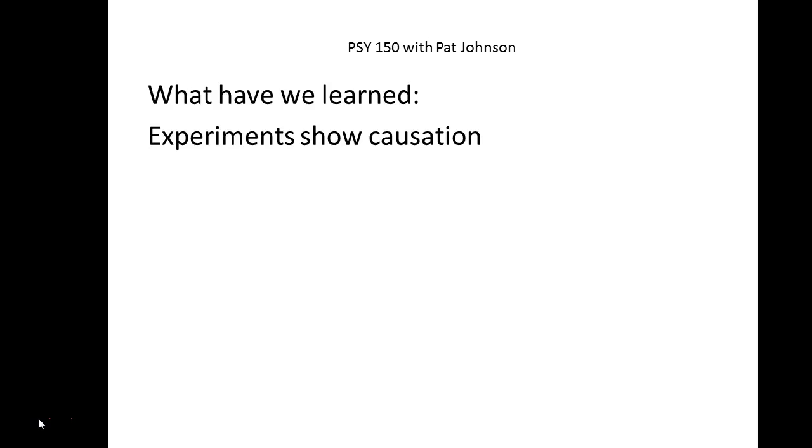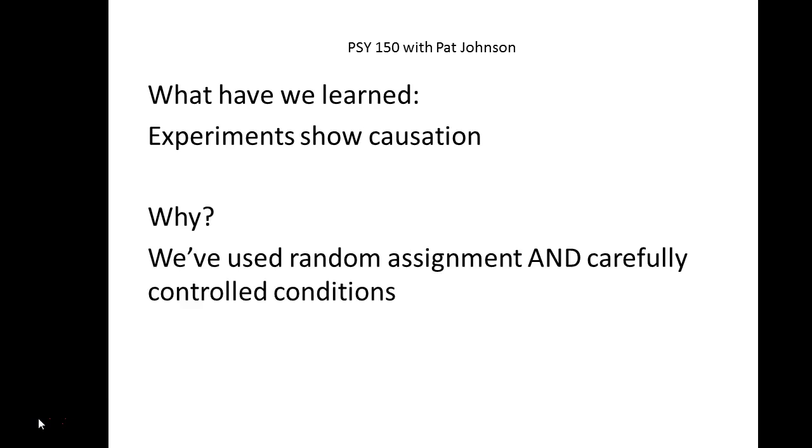Okay, so just to summarize, let's talk about what we've learned in running an experiment. We've learned that experiments show causation. We're able to say the word cause and effect or causation because we have had random assignment and we have carefully controlled for every other variable other than that level of the independent variable.